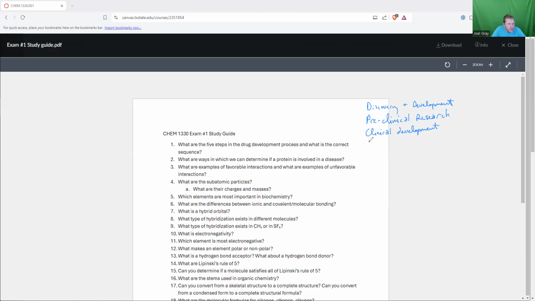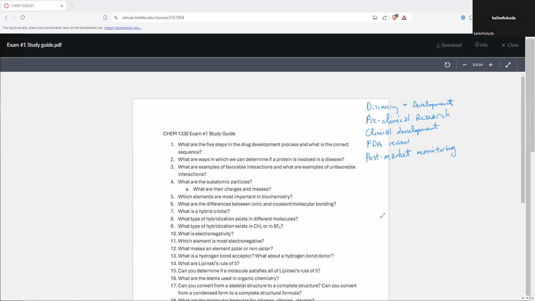Then FDA review. And then last but not least, post-market monitoring. So these are the major parts of developing a drug and putting it on the market.